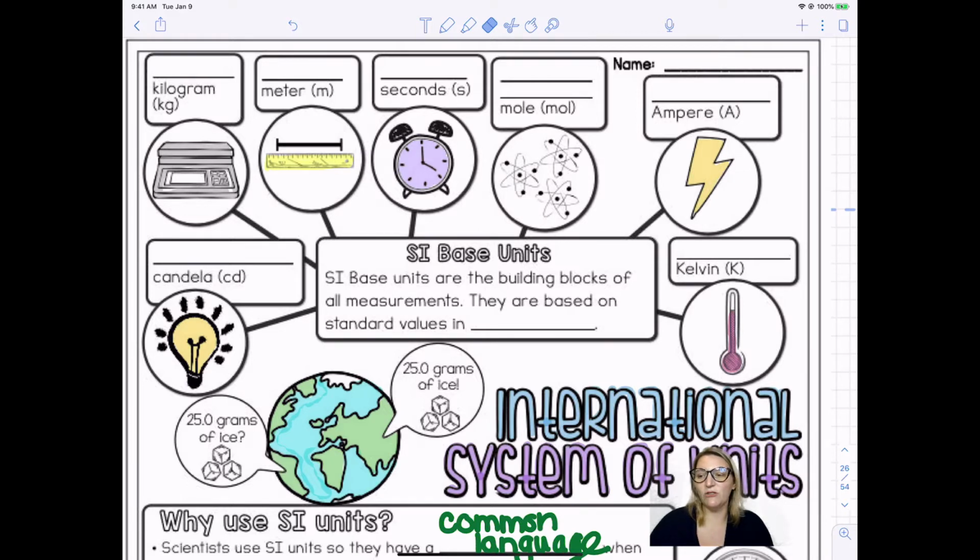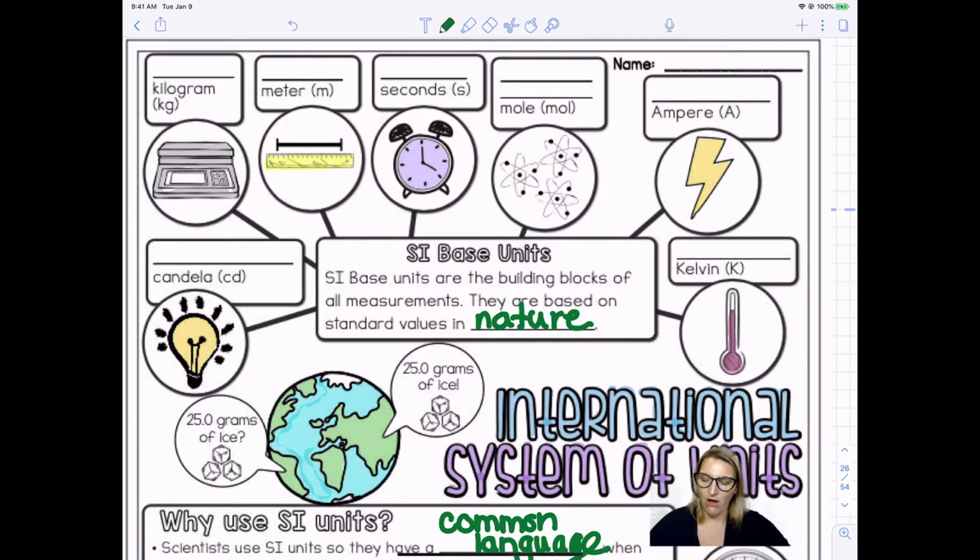They are based on standard values in nature, so that everyone can determine what is a kilogram or what is a meter without having to find someone else's to base it off of.